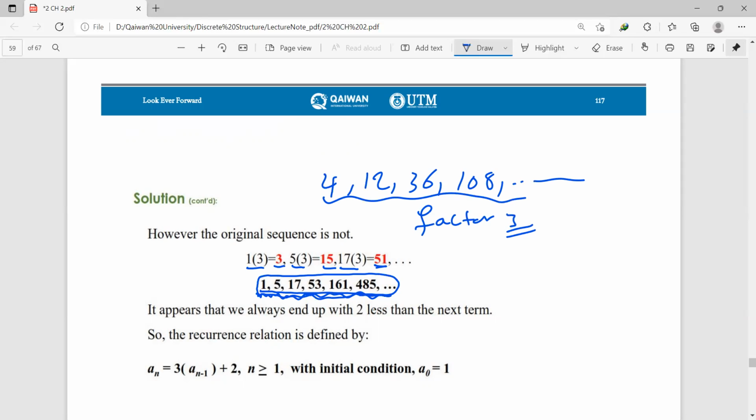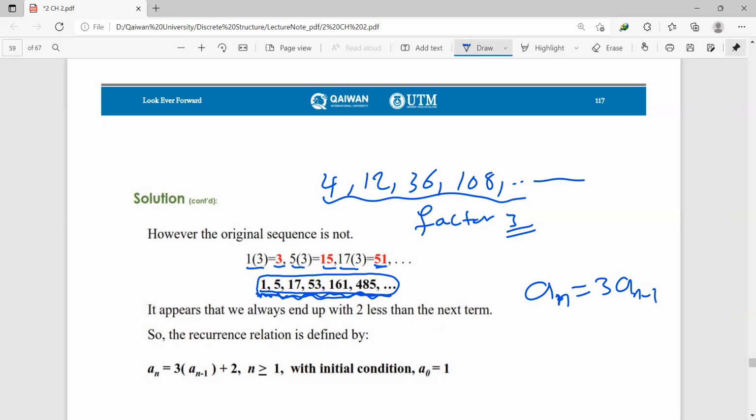That means we must multiply the previous terms by 3 because it's going by factor 3. So we say a_n equals 3a_(n-1).